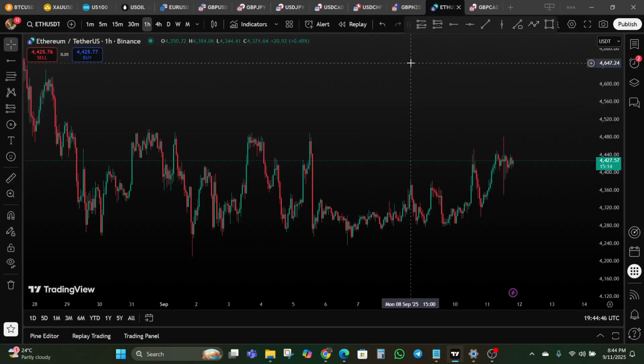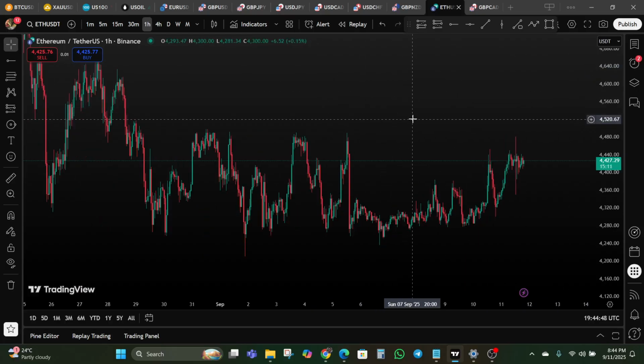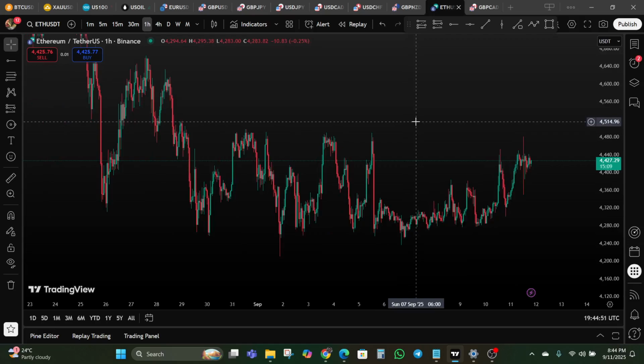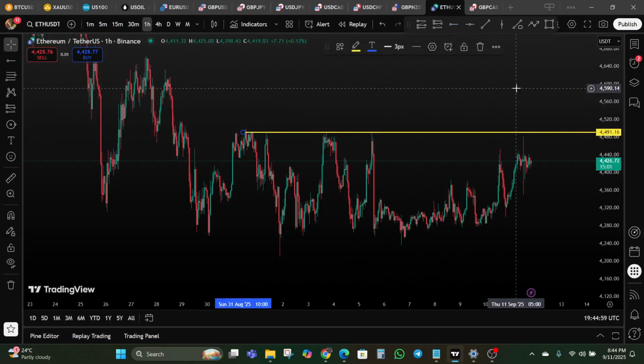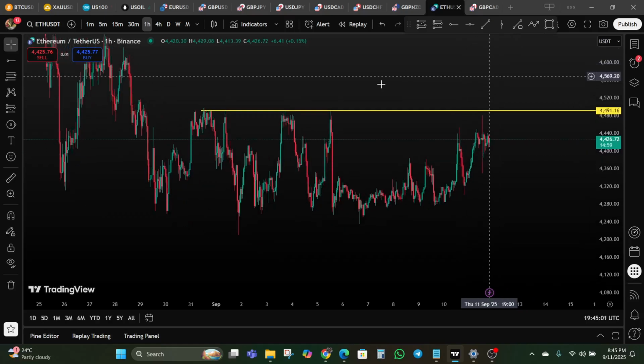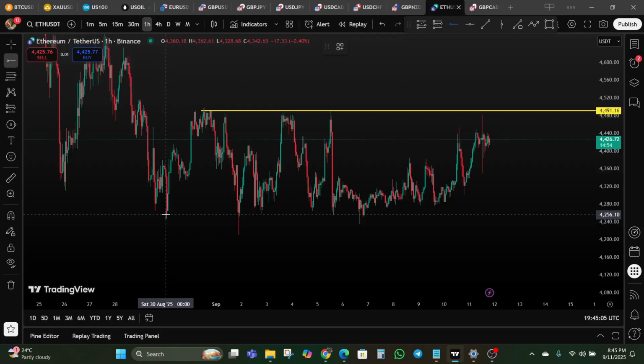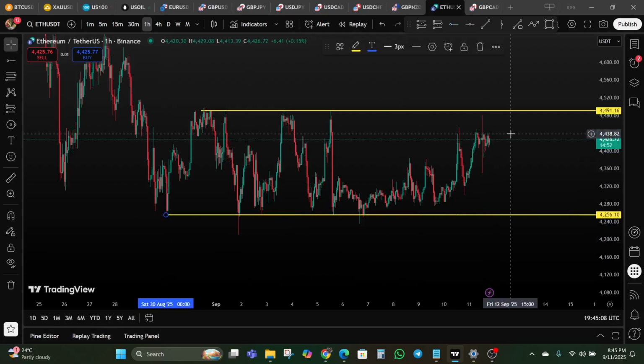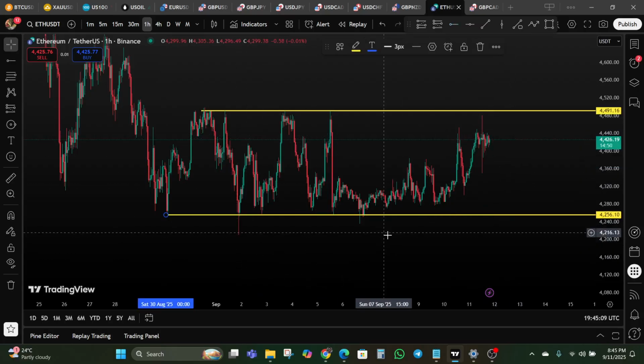Okay, now the first pillar is liquidity. Liquidity pools form where traders place their stop losses or pending orders, usually around equal highs, equal lows, or obvious swing points, basically.